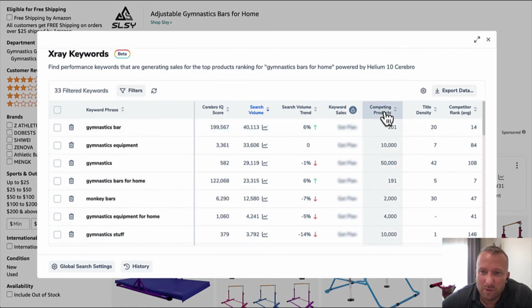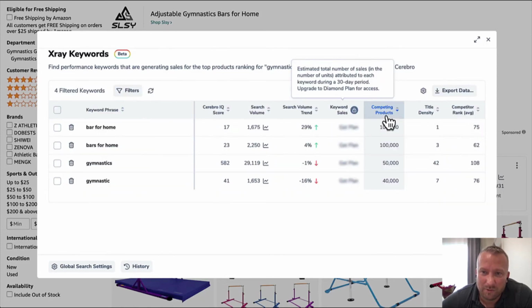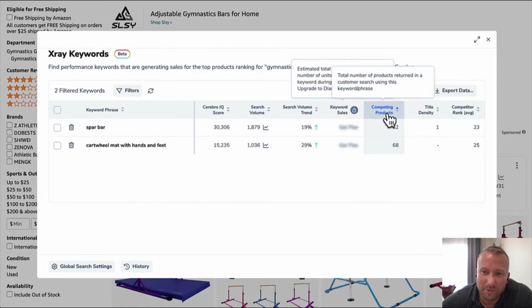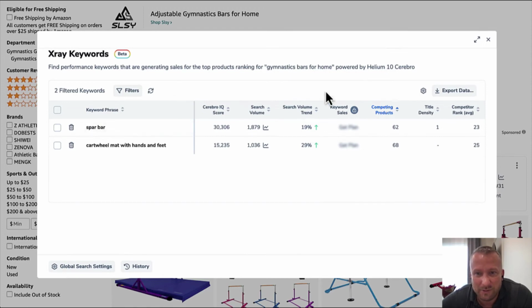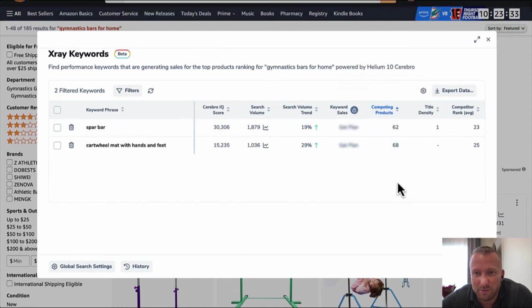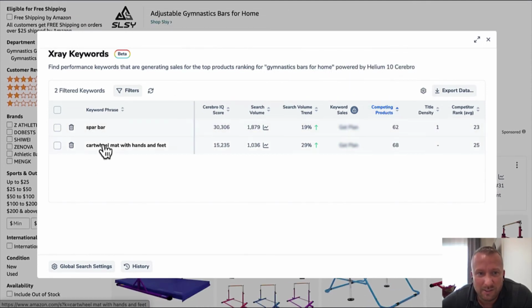But releasing something in an area where you have just a few competitors is nowadays one of the key elements for success on Amazon. And you can see I can sort by competing products, and find really cool keywords which might be good for a first product if you're starting on Amazon, that only have 60 opponents and still have some search volume.